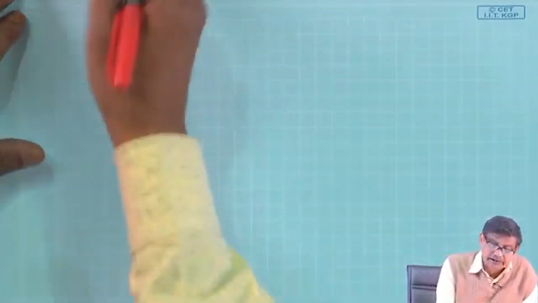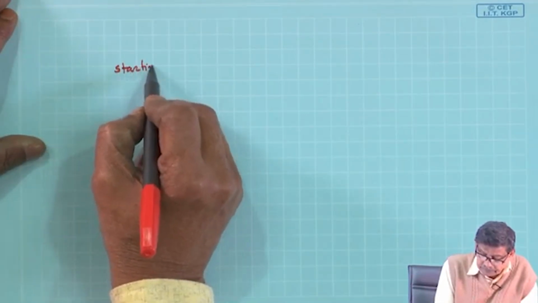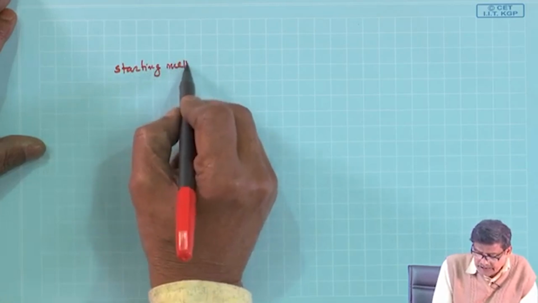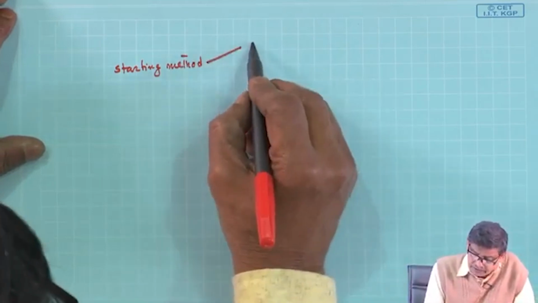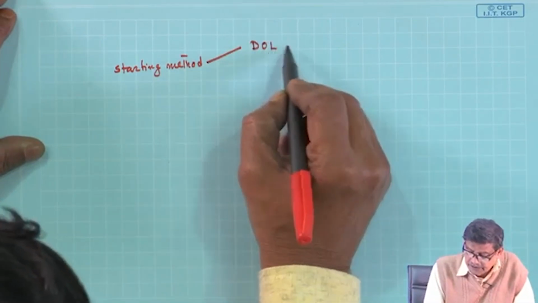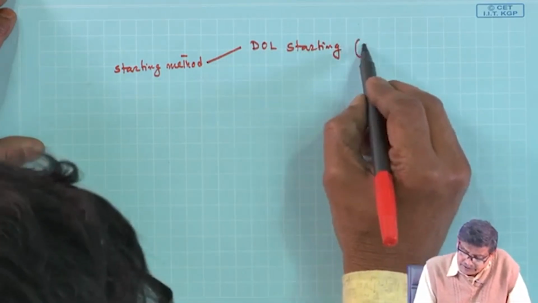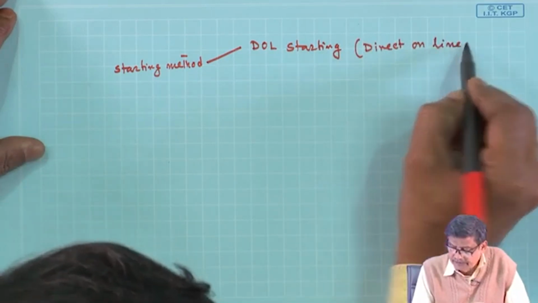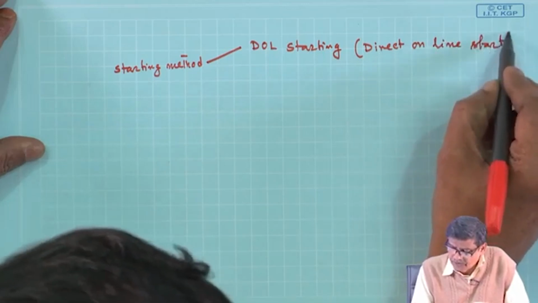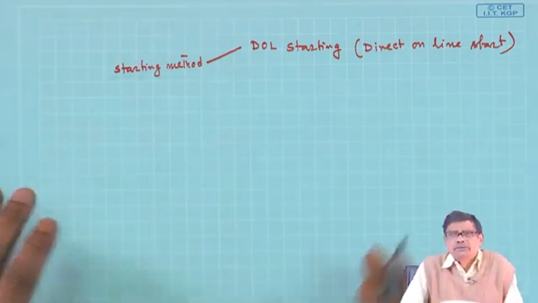So, depending on the method of starting, I will just list out the starting methods. I will discuss these three at least. One is called DOL starting, which is called direct on line start. For small motors, this can be adopted, that is rated voltage you apply, do not mind.